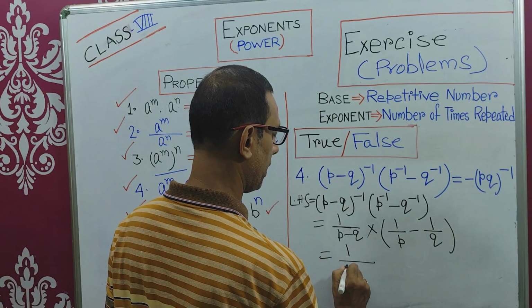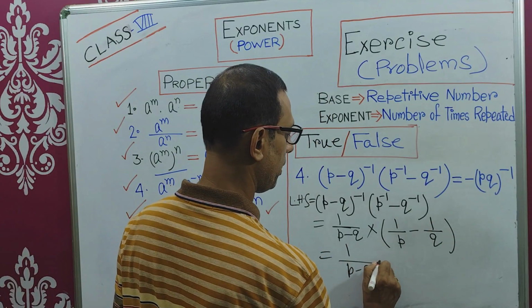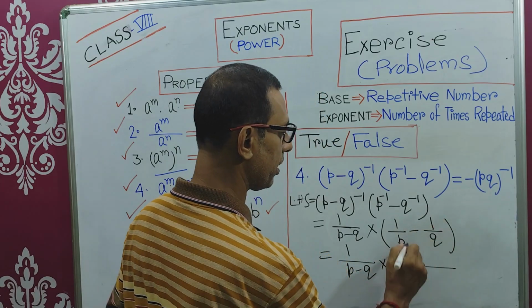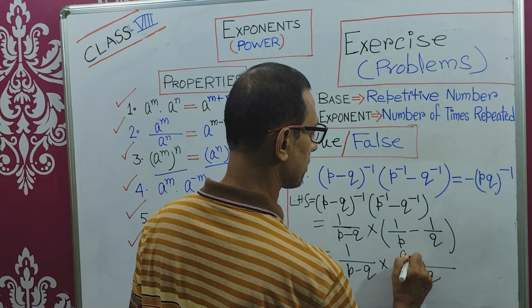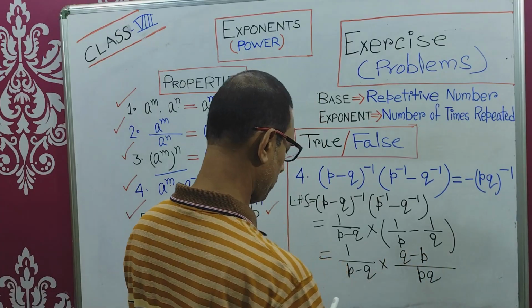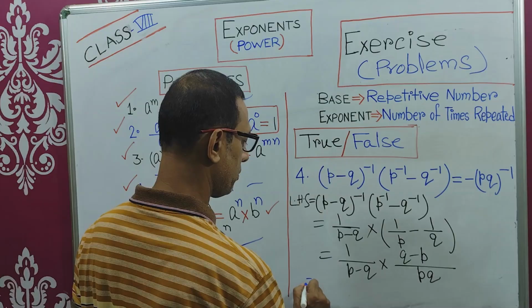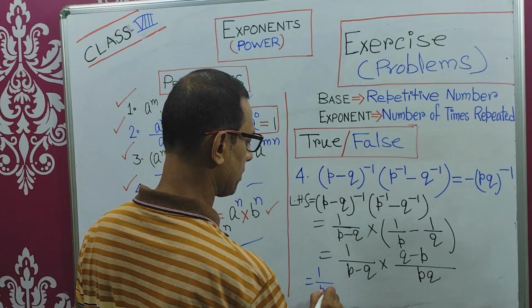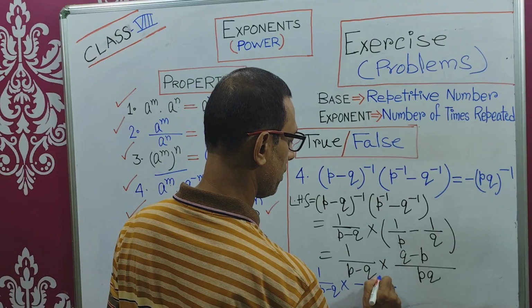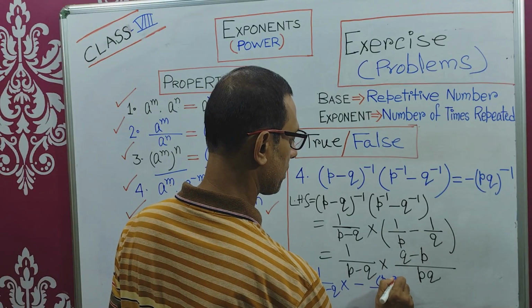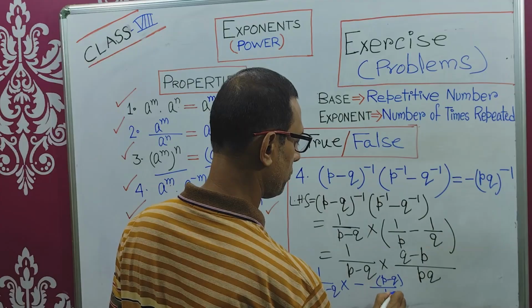So it is 1 by (p minus q) into, now we will do the subtraction, it is (q minus p) by pq, that is equal to 1 by (p minus q) into minus of (p minus q) by pq.